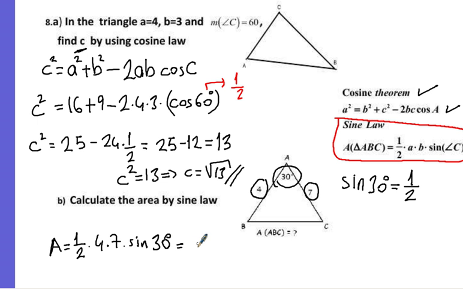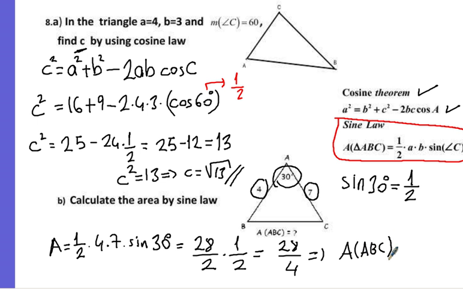So we have 4 times 7 is 28. 28 over 2 times 1 over 2. And we have 28 over 4. So area of triangle ABC is 7 unit square. It didn't say if it is centimeter or millimeter, so I write unit square.